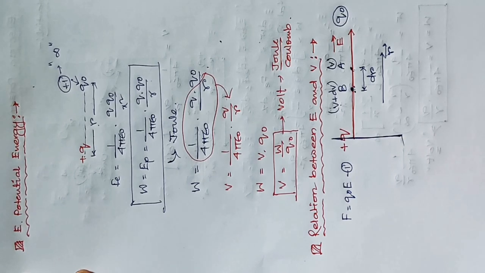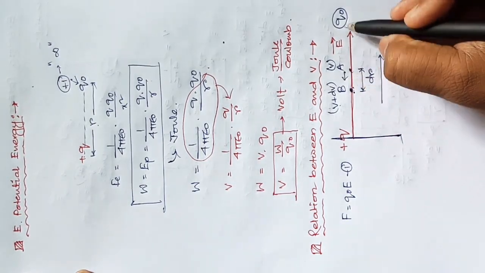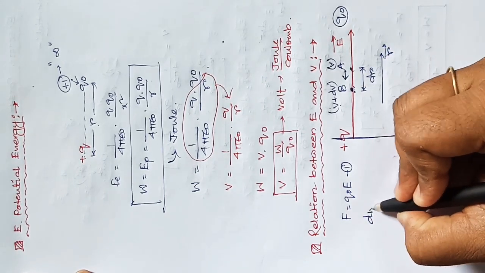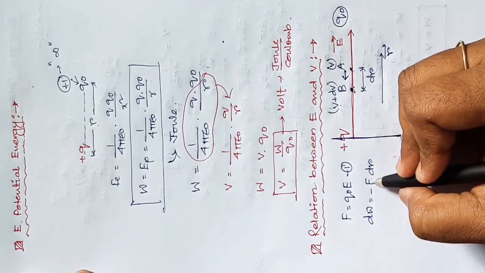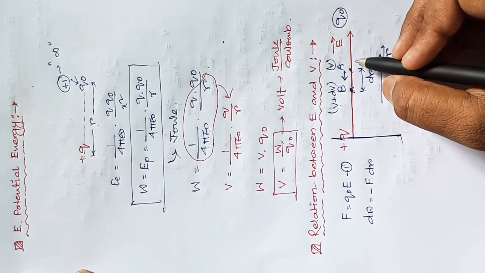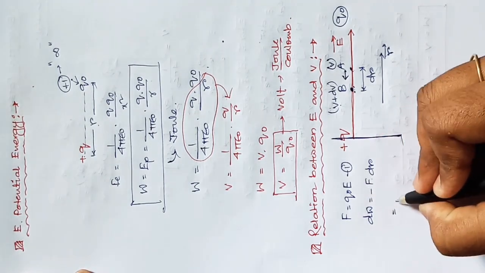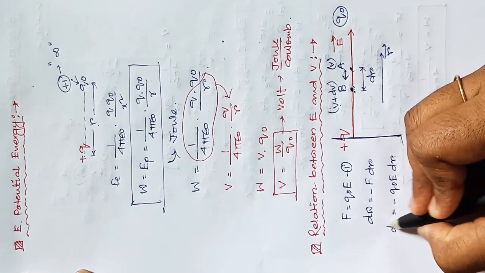Now the work done by the external agent in moving this q naught charge from A to B, the expression will be minus F dr. dr is the displacement and the force is F, and as dr and F are in the opposite direction, that is why we will have this minus sign. Clear? So we can put this value of F in this expression, so minus q naught E dr, this is your dW.